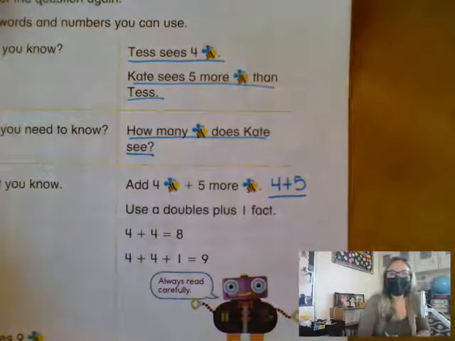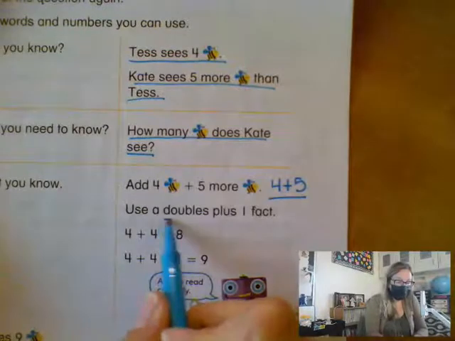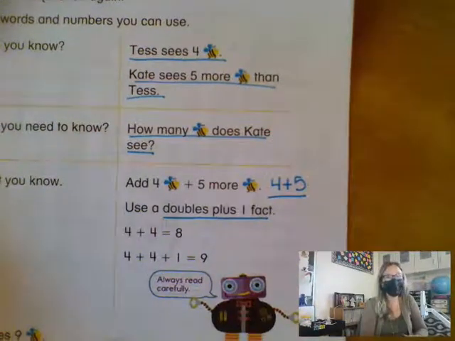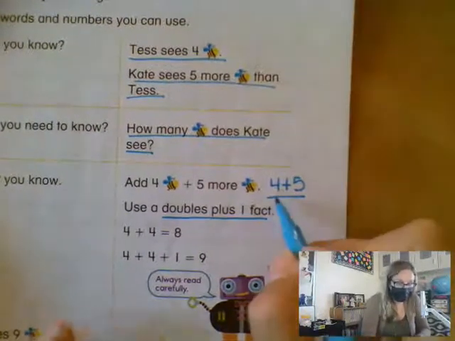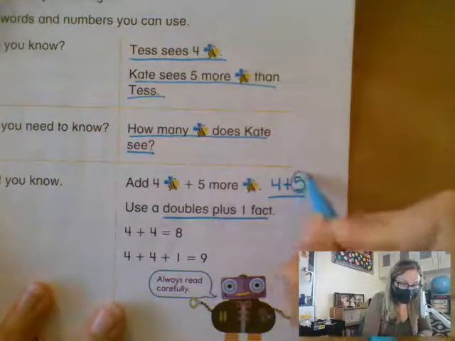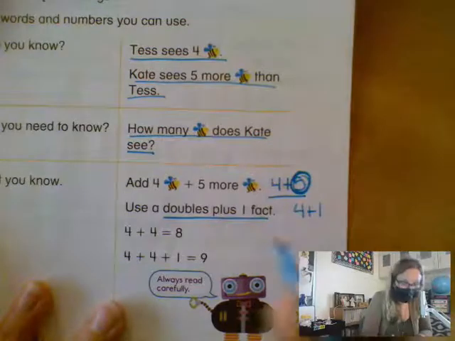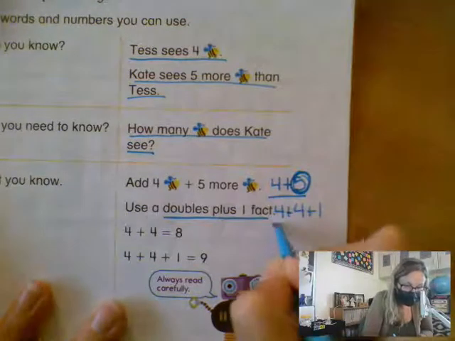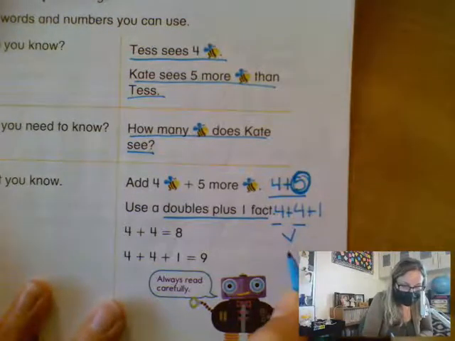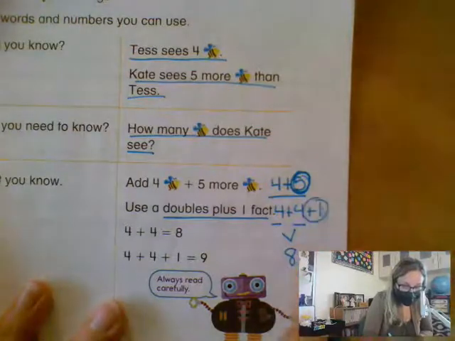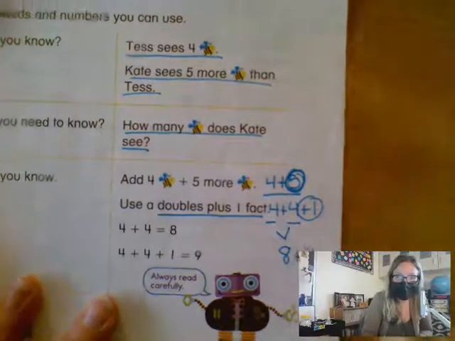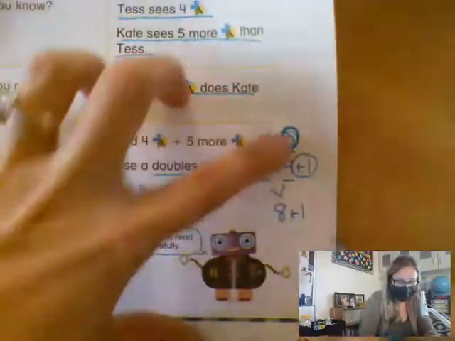Now, here it says we can use our doubles plus 1. Remember, 4 and 4, what I can do is take this 5 and break it into 4 plus 1. And then I have 4 plus 4, which we know is 8. And when I add plus 1, everyone, what is 8 plus 1?